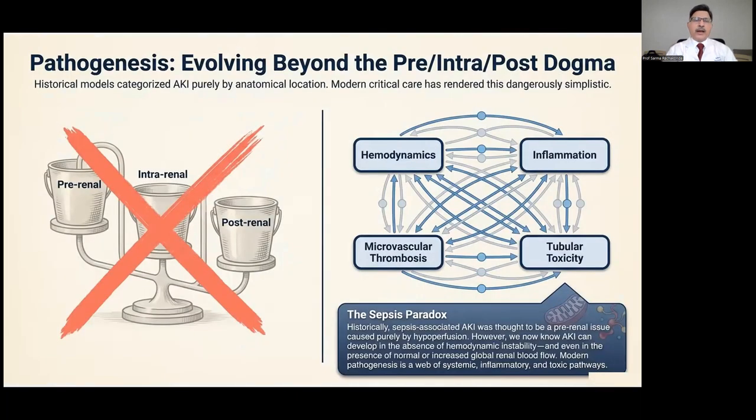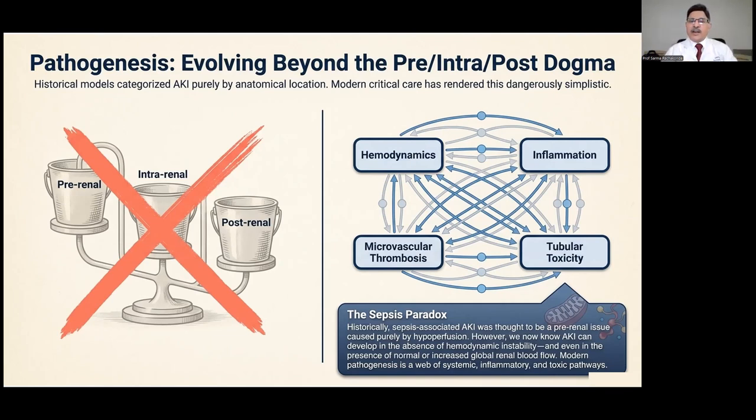Done. So earlier, we used to classify AKI as pre-renal, intrarenal, post-renal, 3 buckets. It's not like that now. Now, hemodynamic, inflammation, microvascular thrombosis, ATN, that is acute tubular necrosis. Sepsis paradox. Historically, sepsis-associated AKI was thought to be pre-renal. Whenever you ask anybody, sepsis produces hypotension, that produces AKI.